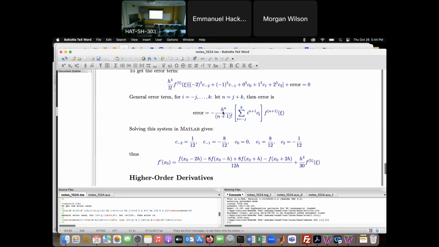It must have been a typo earlier. So you have h to the 4 times minus 4 over minus 120 is plus h to the 4 over 30. And sure enough, that's what we have, the coefficient of the error times the 5th derivative, remember n is equal to 4, at an unknown point.